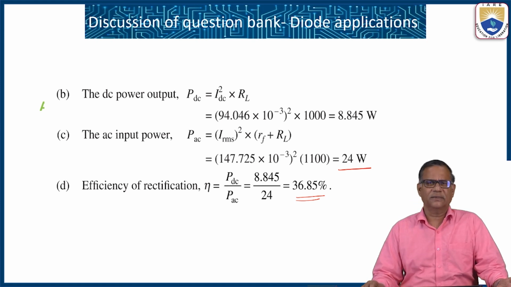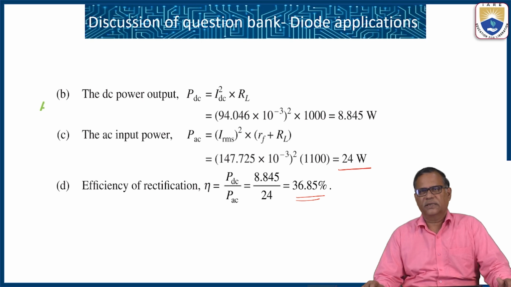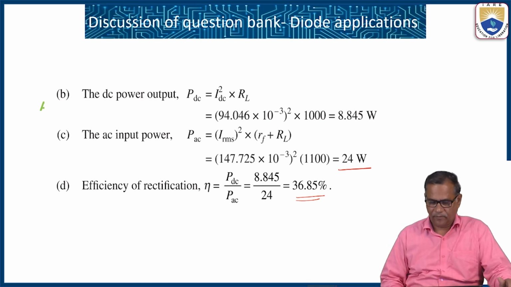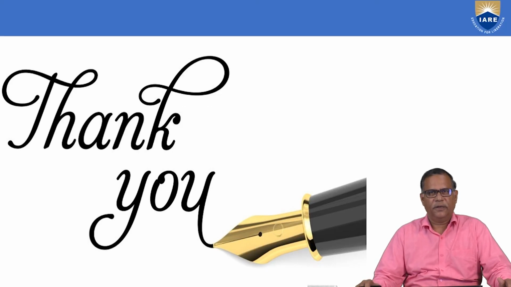We got the values as 81.4. But here for half-wave rectifier, the efficiency of rectification is almost half of full-wave rectifier. In this case, it is 36.85%.